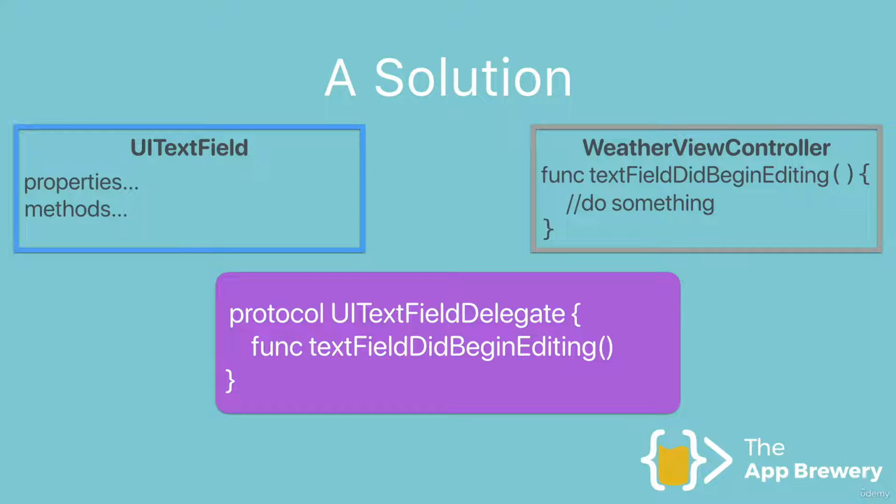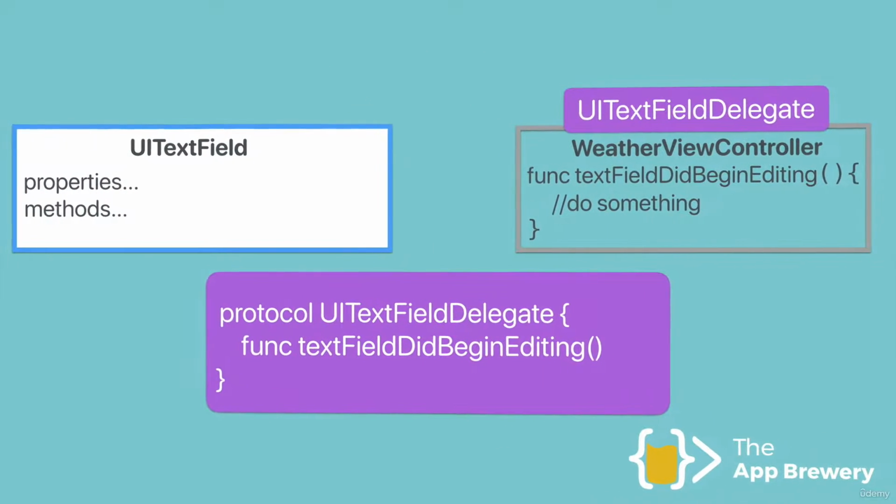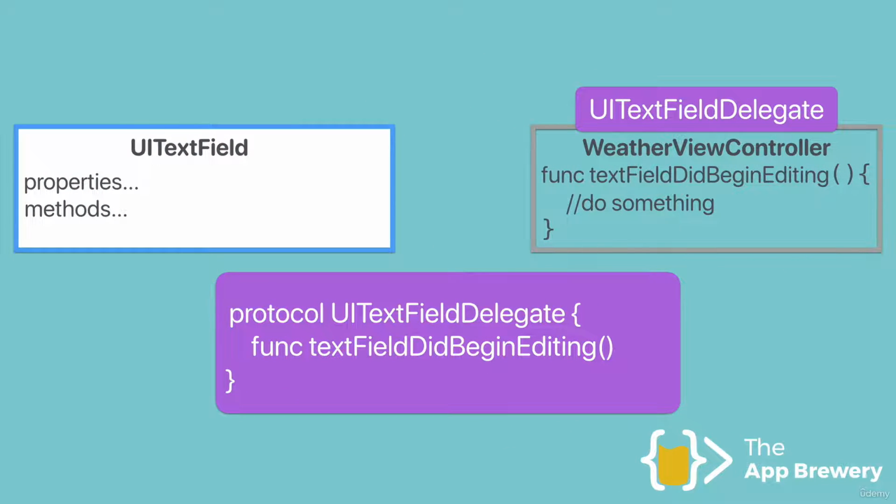And we can make our weather view controller be of that data type by adopting this protocol, by adding it at the end of the class definition, like how we saw in the last lesson, where we looked at how to adopt protocols. So now that our weather view controller is able to deal with UI text fields, now that it's a UITextFieldDelegate, we can now go in our UI text field and define one of its properties as a delegate property.